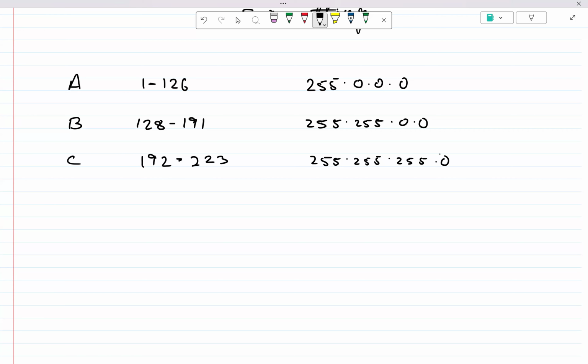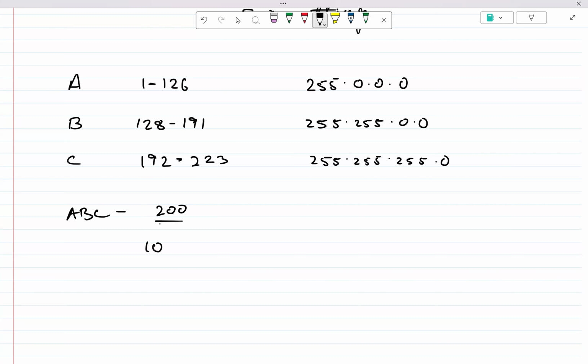Now, as I said, let's say a company comes to you. Let's take that example. A company comes to you and says, I want only 200 IP addresses, and my address should start from 10. These are the two requirements.